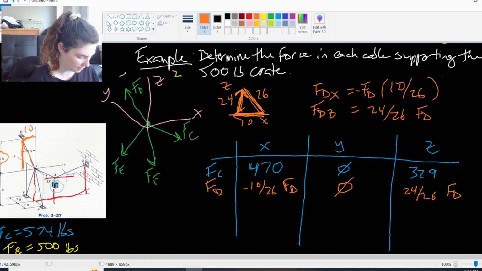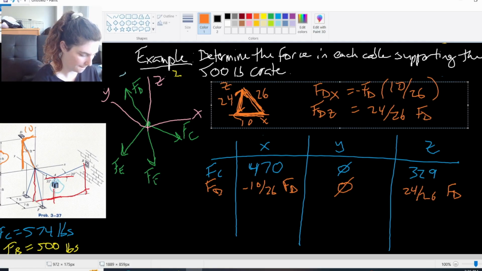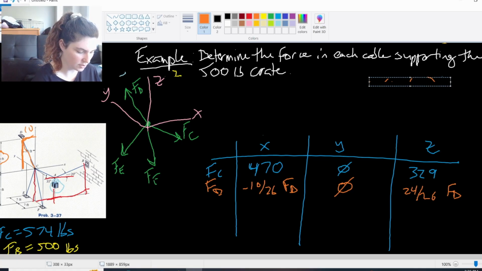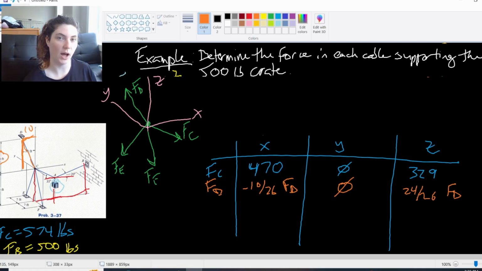That leaves me with these last two forces, E and F. And there's something really interesting that we notice about E and F here, which is that they're exactly symmetrical about the y-axis. When we set up these triangles, we notice they're the only ones with y components, and they're exactly symmetrical.